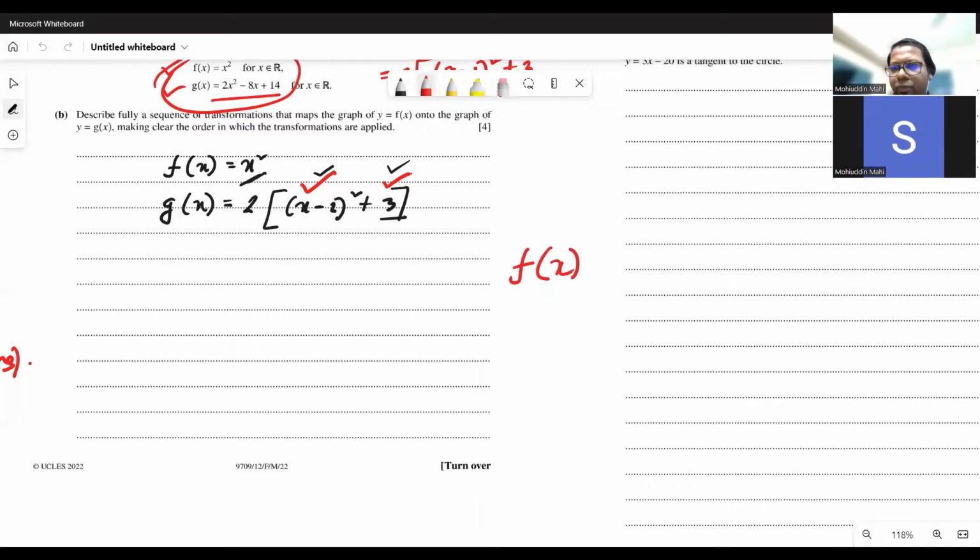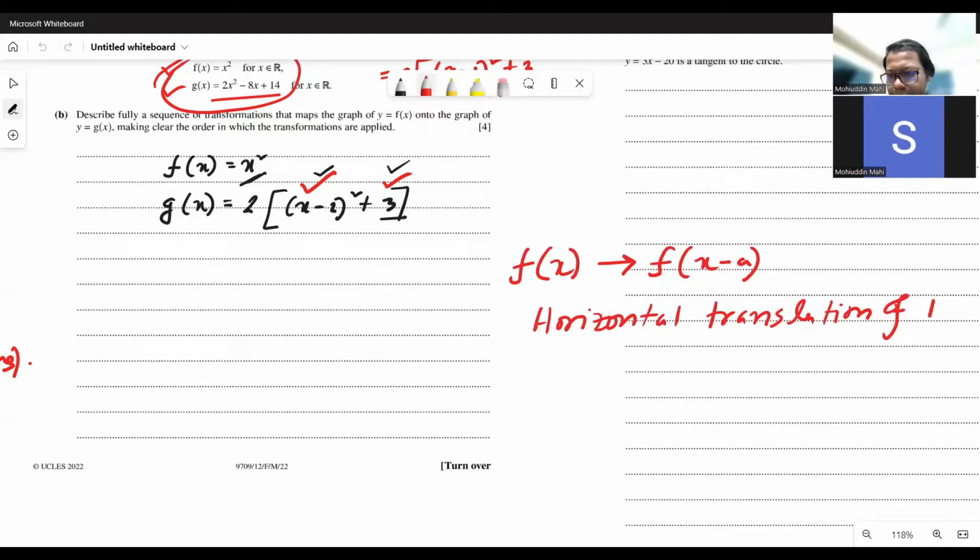If you transform f of x as f of x minus a, that means there will be a horizontal translation of plus a.